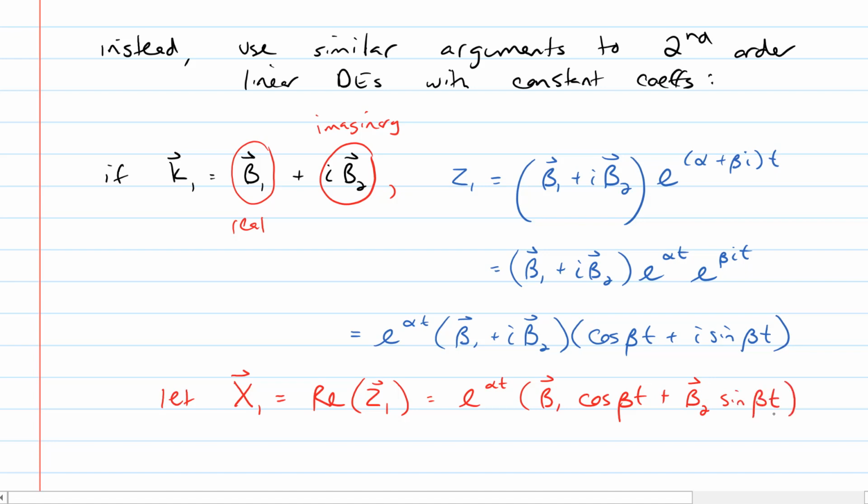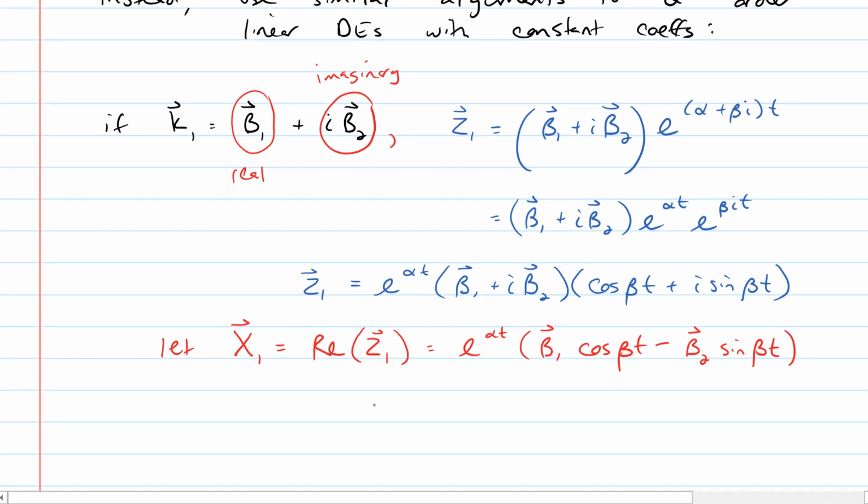So basically what we're doing is, if you take this expression for Z1 and you FOIL this out, then you're going to get two terms that are real and two terms that are imaginary. This should be a negative sign here. Wow, just really tired today. It's been a pretty long week.